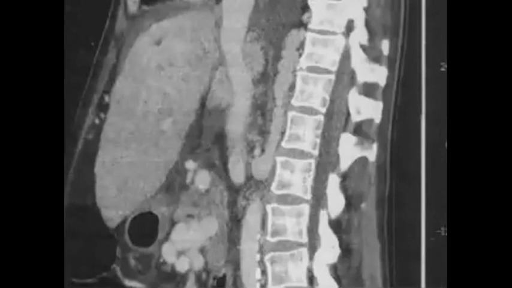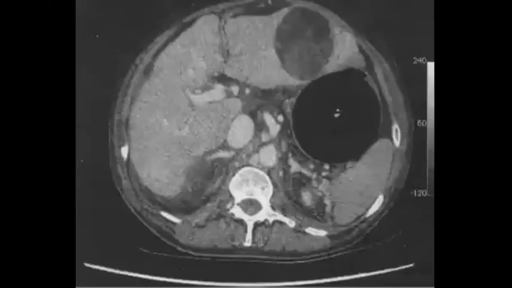Just maybe you need to explain why this patient has this type of fatty degeneration, which is not very typical in these cases. Do you have any explanation for this? Yes.